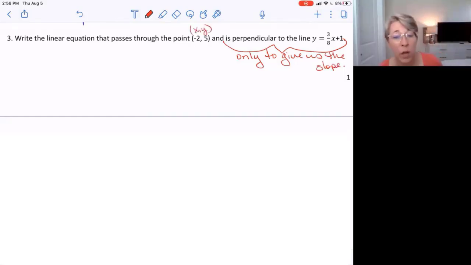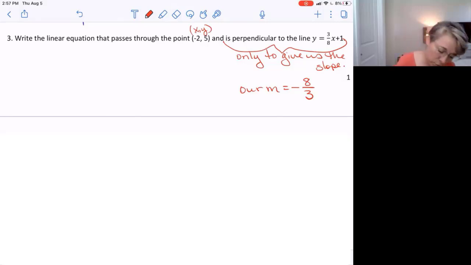In order to find the slope, we need to have 2 points, or they need to give us some other information, like it's parallel or perpendicular to another line. So if our line is perpendicular to this line, whose slope is 3/8, then that means our slope is going to be negative 8/3, because it has to be the opposite sign and reciprocal.